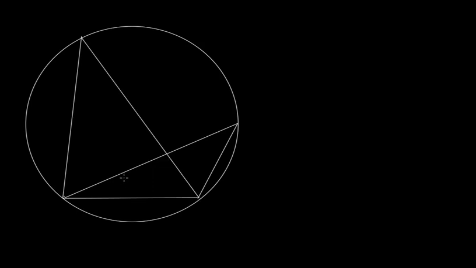The angle here is 85 degrees, and the angle there is 30 degrees. This is point A, point B, point C, and point D. And I tell you to find X.